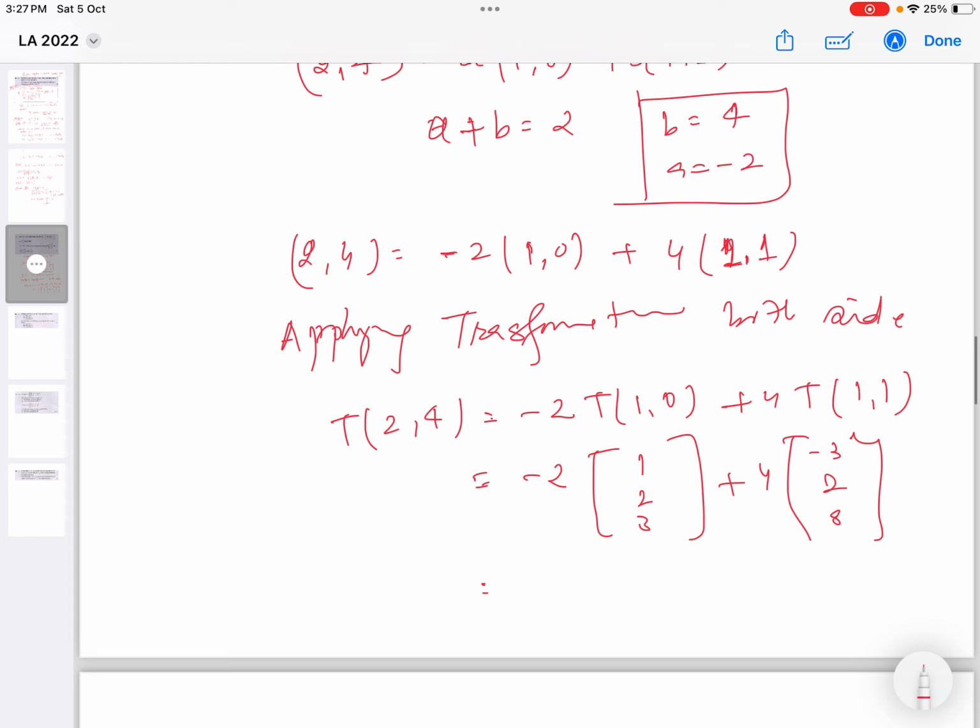So it will become like this: -12 -2 -14, 8 4 4.